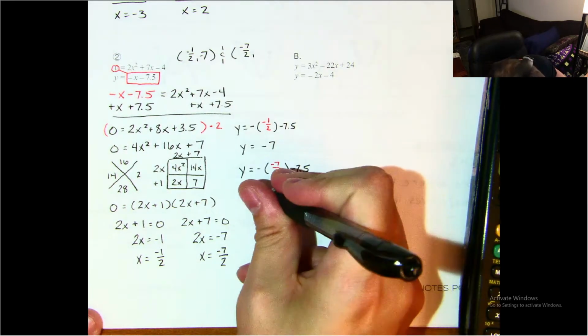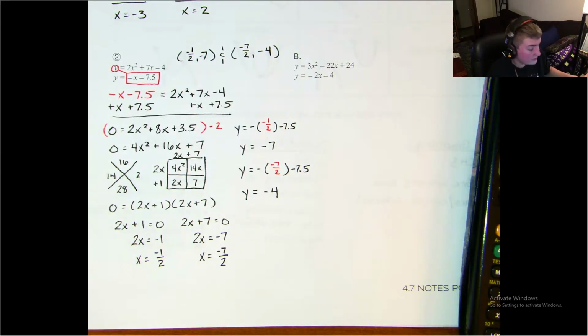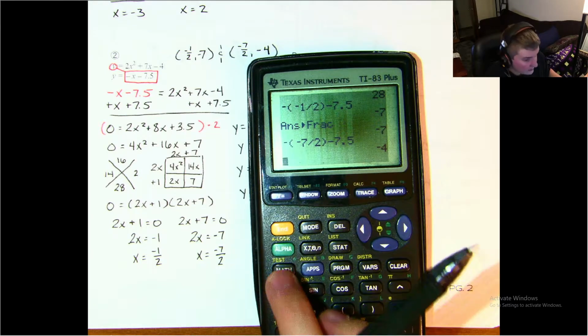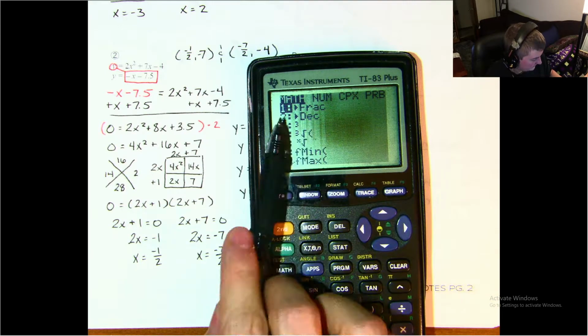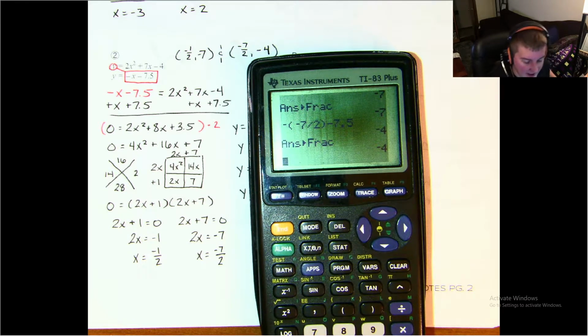Okay, so just go ahead and type it into your calculator. You've seen me do this before. If you get a decimal, you can go ahead and hit math, and then the very first option is frac, which stands for fraction. It will simplify your fraction for you, so we don't have to worry about that.